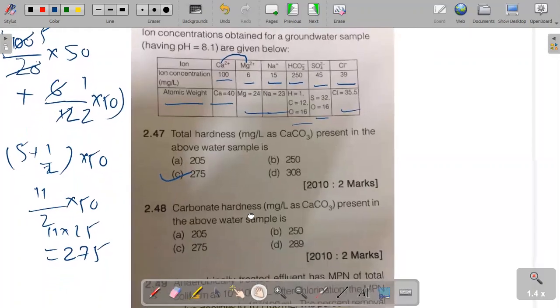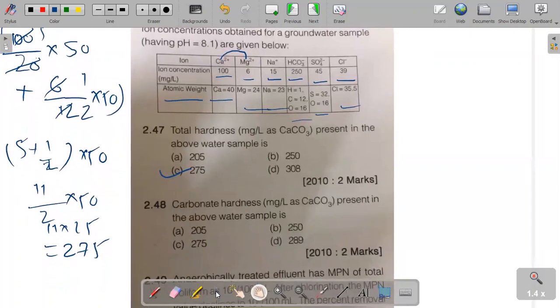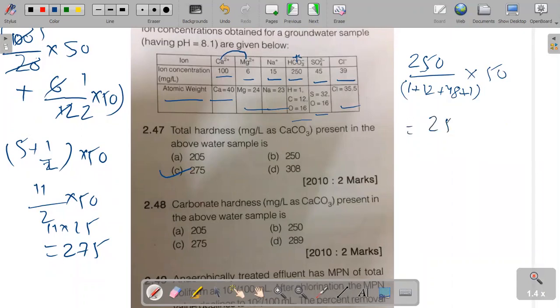And for carbonate hardness, we have to find alkalinity first. There is only one thing due to alkalinity, that is HCO3 minus. So due to HCO3 minus, we have 250 as its ion concentration divided by its equivalent weight, which is H plus C plus O3 plus 1. Due to H it's 1, due to C it's 12, and due to O it is 16 times 3, which is 48, and divided by its valency 1, into 50.